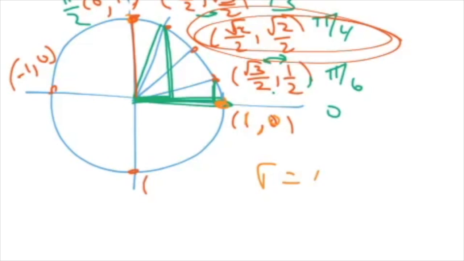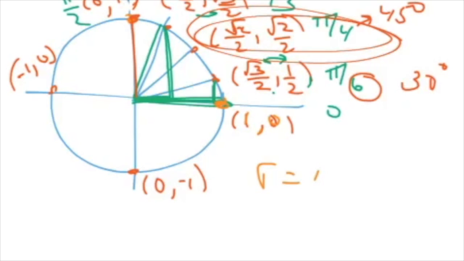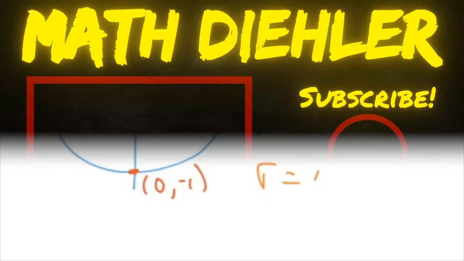And down here, 0, negative 1. And then remember, 6 goes into 180 30 times, so that reference angle is 30 degrees. 4 into 180 is 45. 3 into 180 is 60. So that's how those angles go with those radians. I hope that helps.